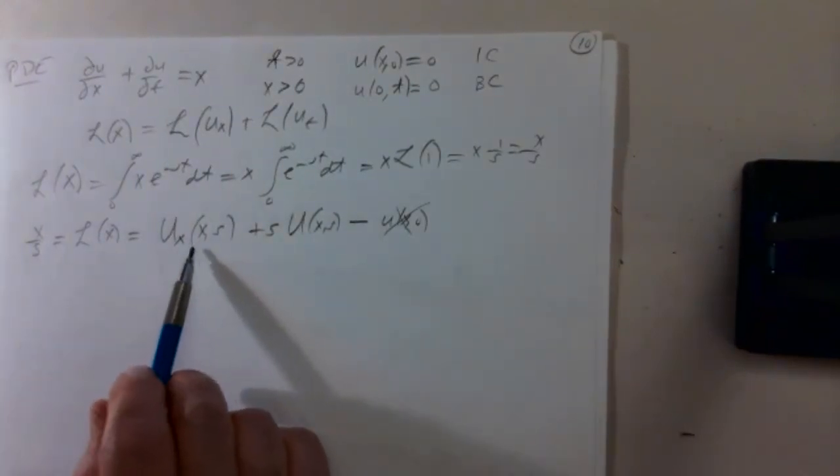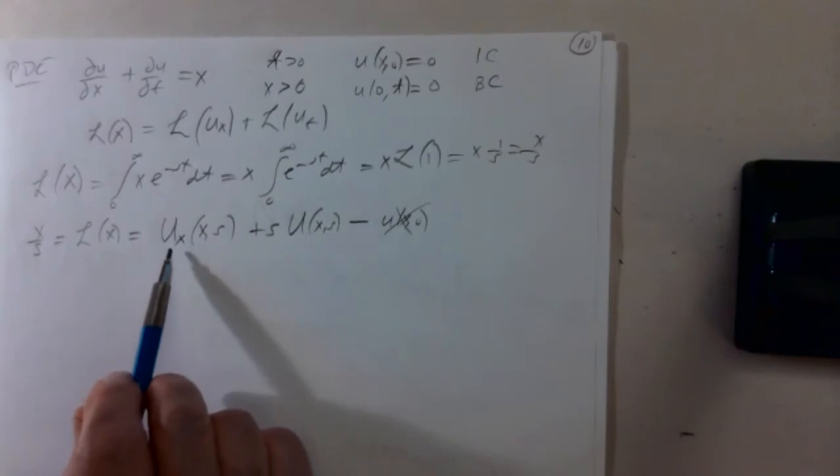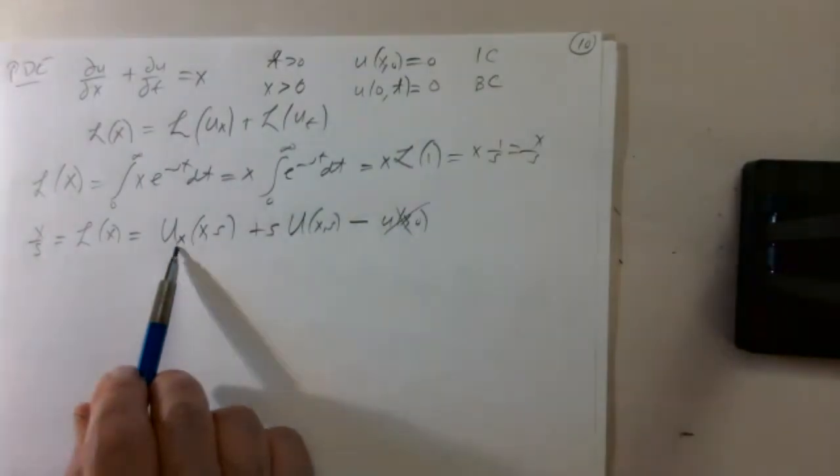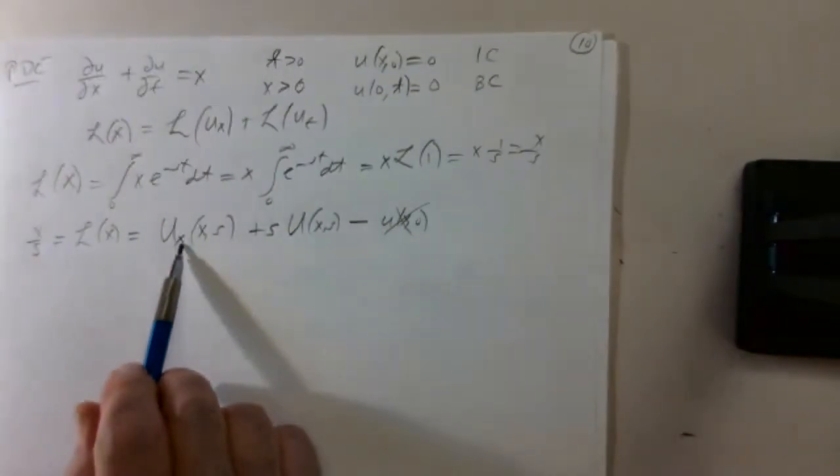So now what we have is an ordinary differential equation where the unknown function is u, and we're differentiating with respect to x.